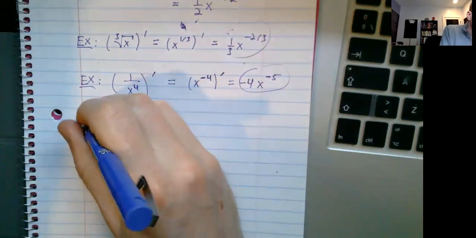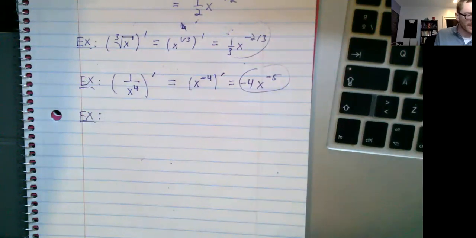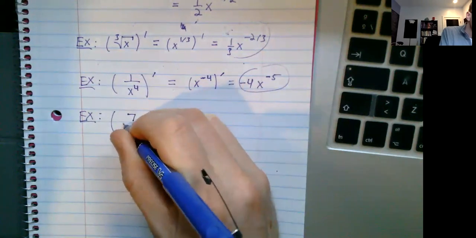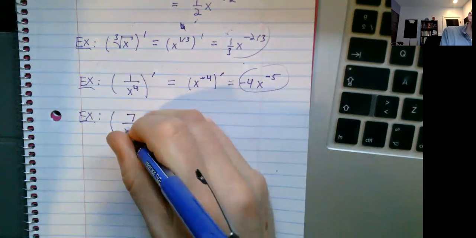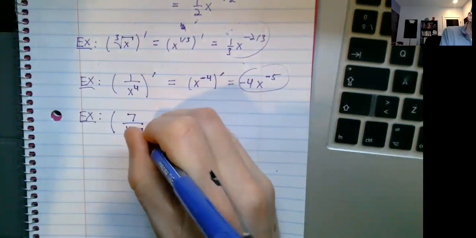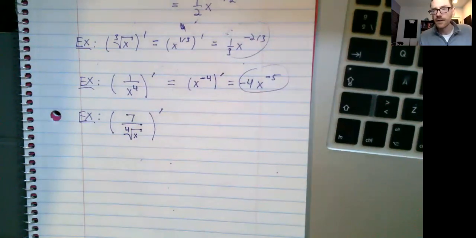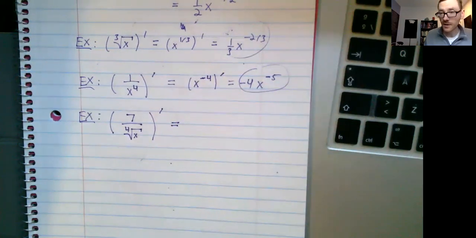Yeah, and maybe just one more like this. Let's do a really tough one, and I think I'll stop there. What about the derivative of 7 over, say, the 4th root of x? What's the derivative of that function? Well, you have to rewrite this function quite a lot, but if you rewrite it in the right way, then you'll eventually be able to use the power rule.